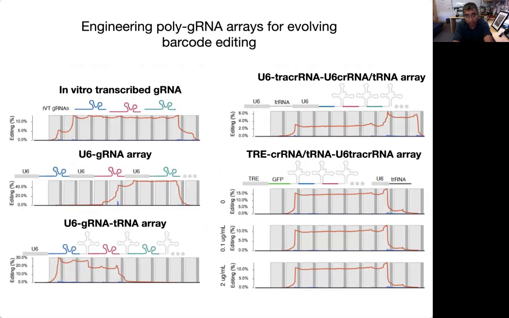Some of these problems we solve by engineering the components of the GESTALT system, in particular how we introduce these guide RNAs that are going to be editing that barcode. We tried a diversity of different approaches, but ultimately we were able to succeed in developing approaches where, in a compact way, we could encode lots of guide RNAs that then stochastically were editing different targets.